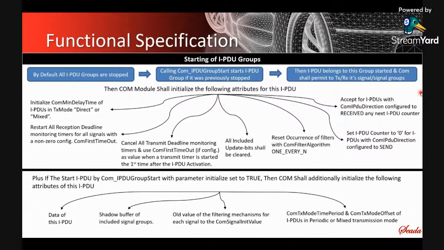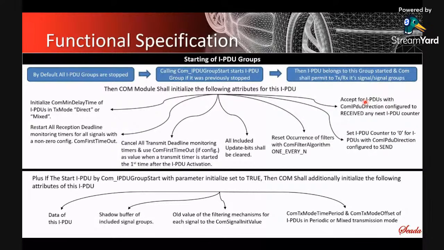But the second week they were expecting to receive number 2. And the third week they were expecting to receive number 3. And what happened when number 2 came after number 4? The employee from company Y raised this issue to his manager. Okay, and this is the same thing here. The COM at the beginning shall accept any received IBDU with any IBDU counter, even if this IBDU counter is 5 and not 0. But it will expect the next counter to be 6.